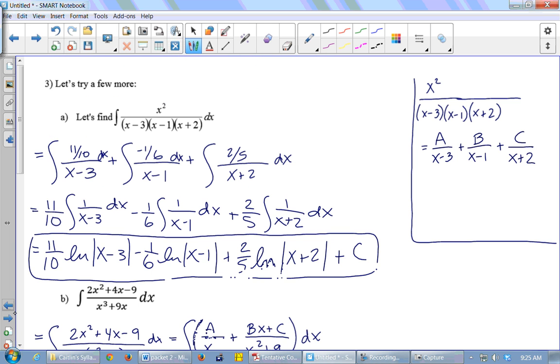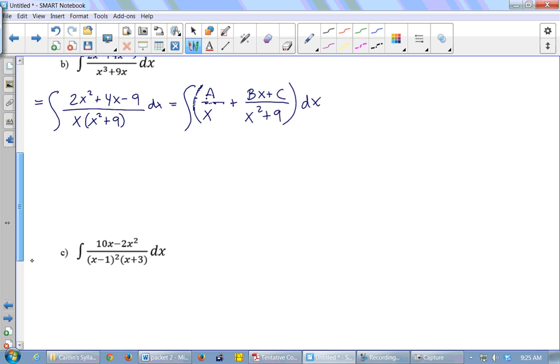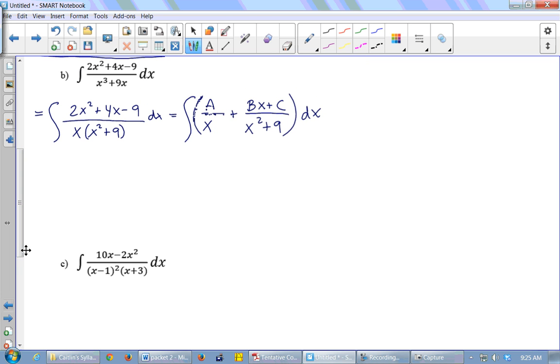Okay, so we go back to the integral that we're trying to solve, and I put in what a, b, and c are. And I'm going to separate them into 2 separate integrals here. a was negative 1, b was 3, c was 4.